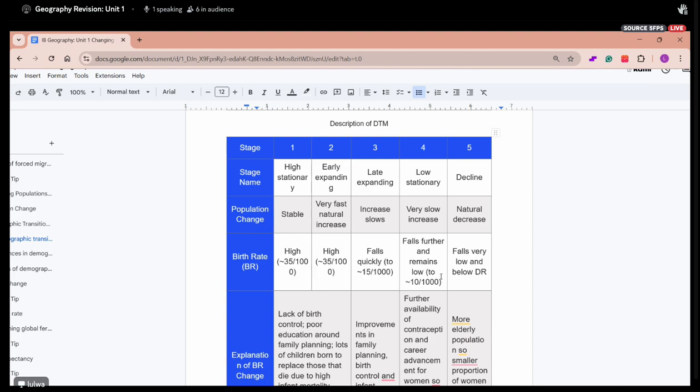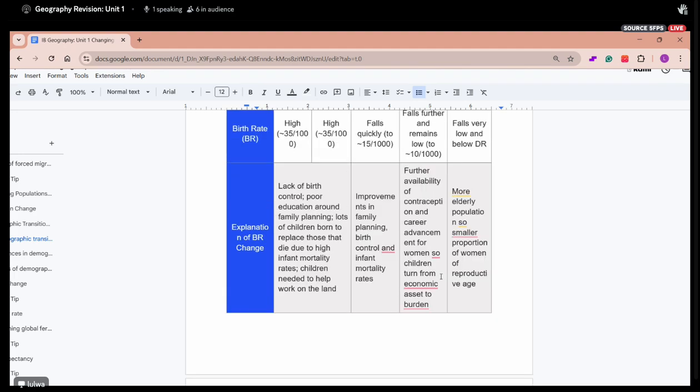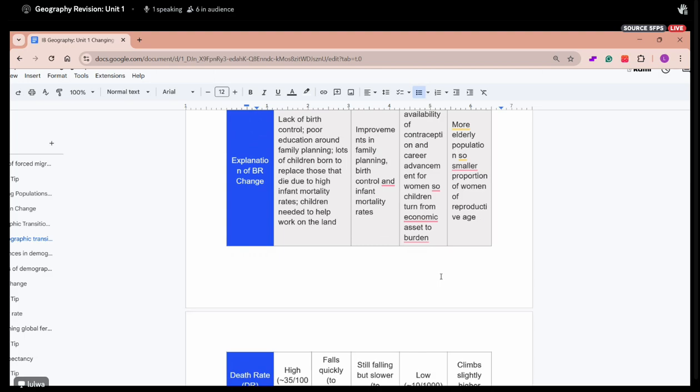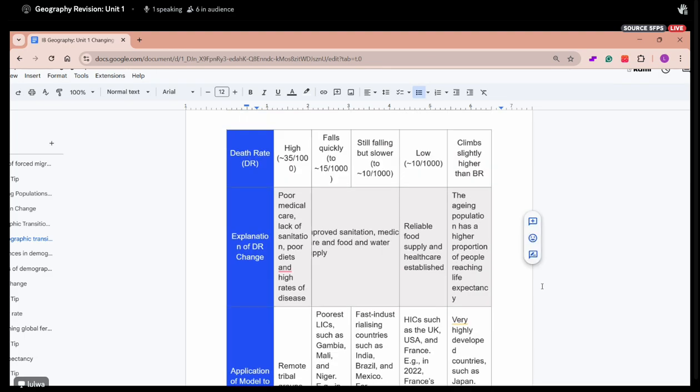That's when healthcare is introduced, there's more food supply, more sanitation, more medical care, more food and water. And then the 5th one is when there's a high aging population, so a higher proportion of people reach their life expectancy, and the birth rate decreases.